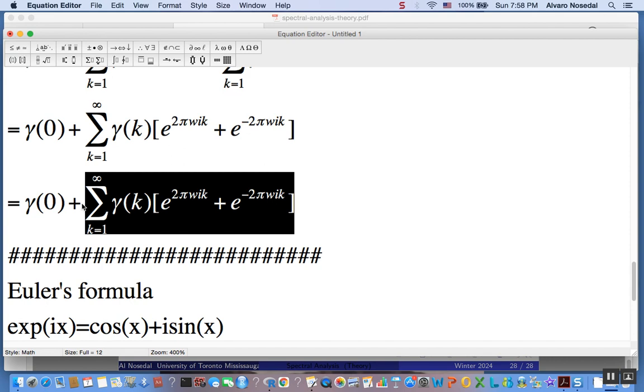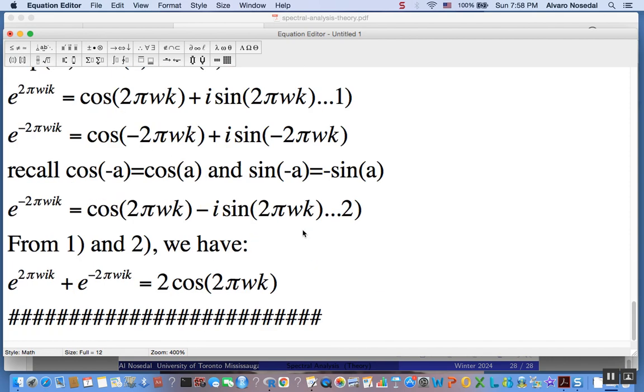We're going to have 2 and then cosine of 2 pi w k.